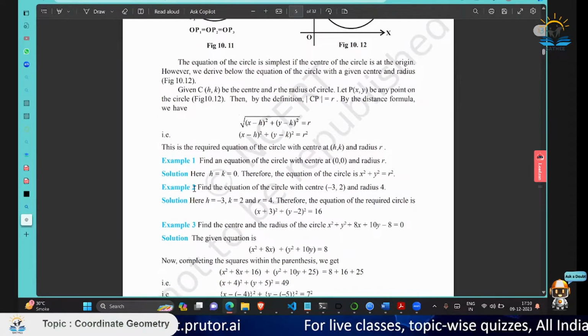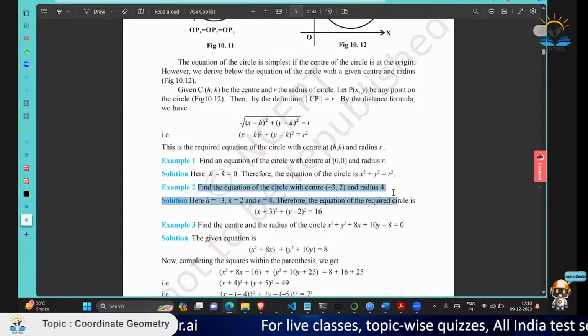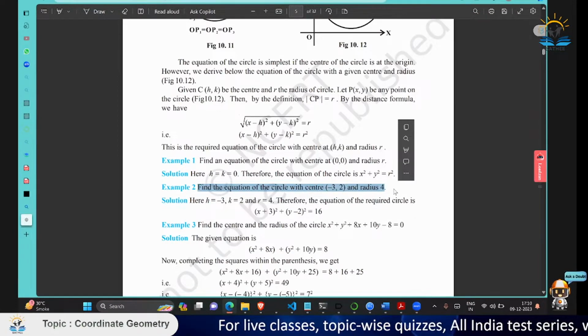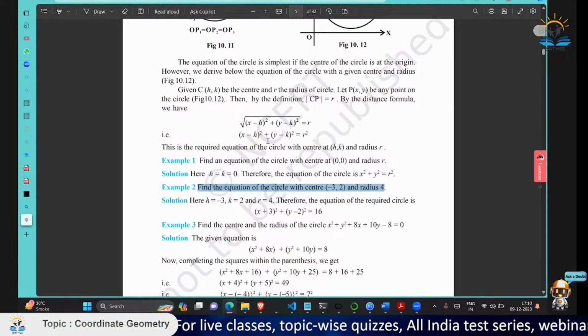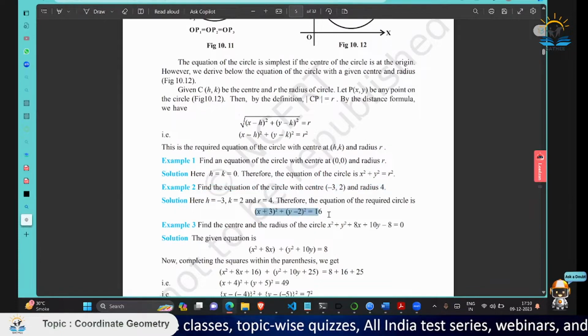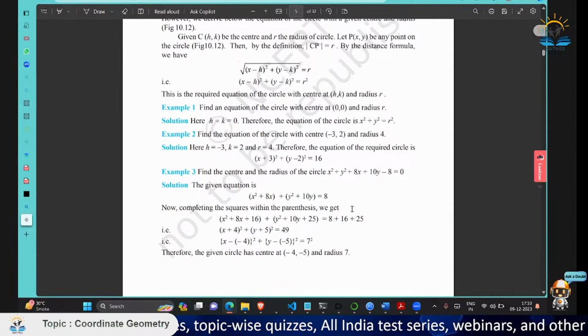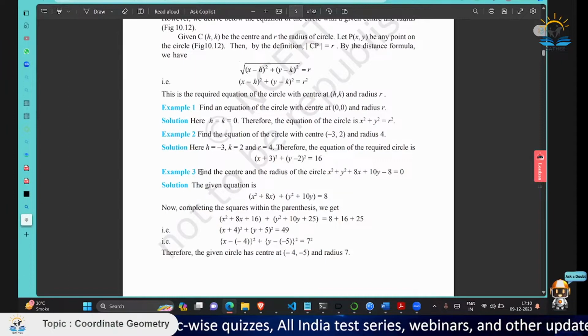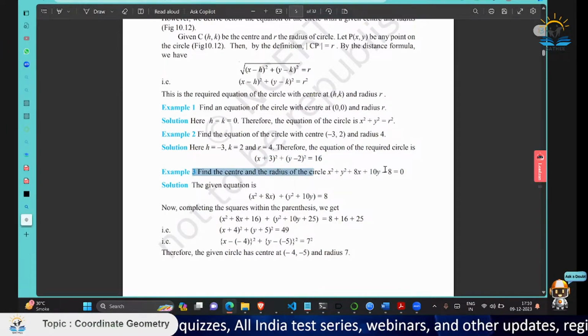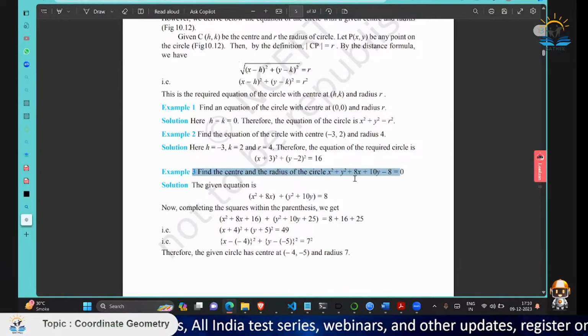For example, find the equation of the circle with center minus 3 comma 2 and radius 4. By just putting in the values, we can get the equation. It's simple, right? Now look at this example. Find the center and radius of the circle. This equation is given.